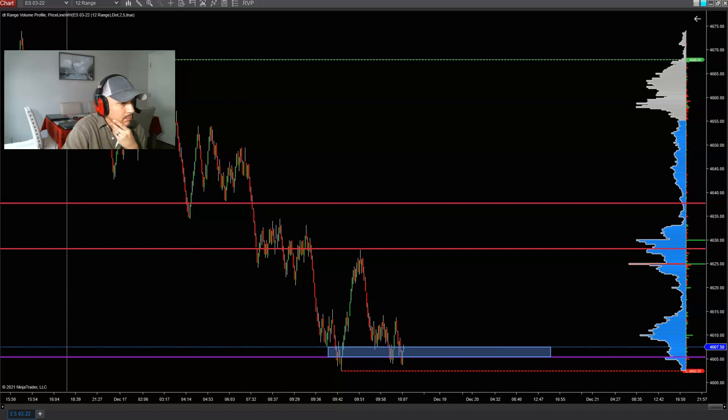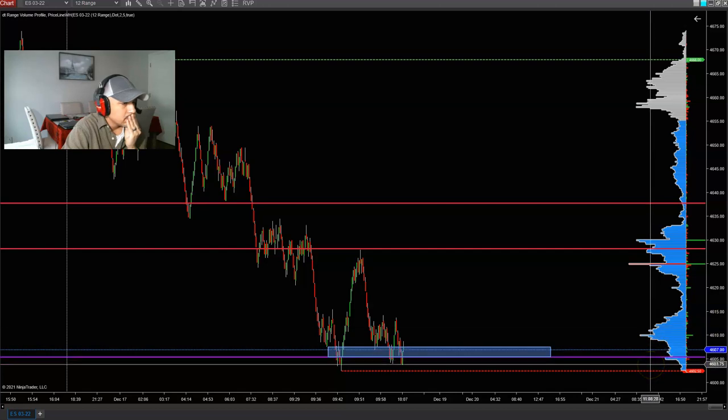It finally broke lower. It kept rejecting that area around the high volume area, so be careful because we're still at an area of demand.